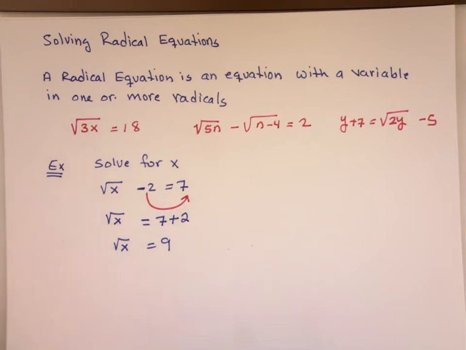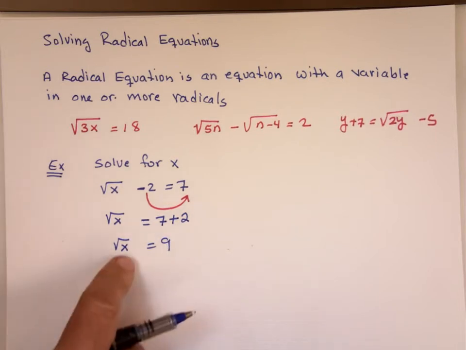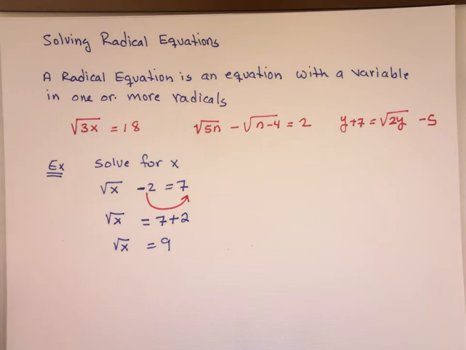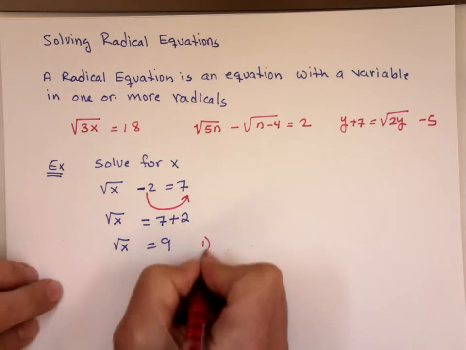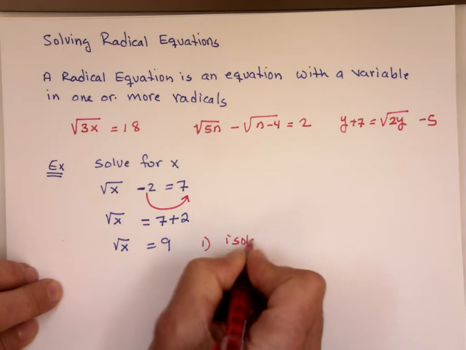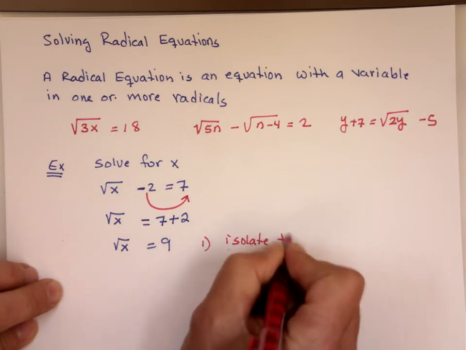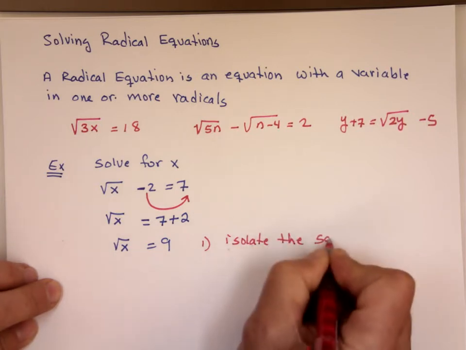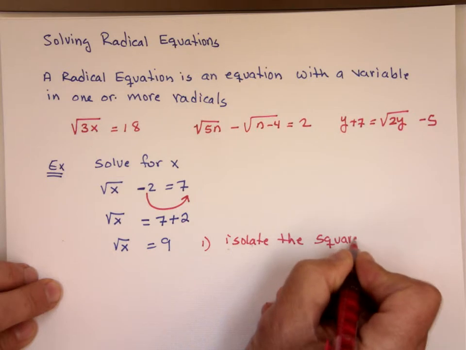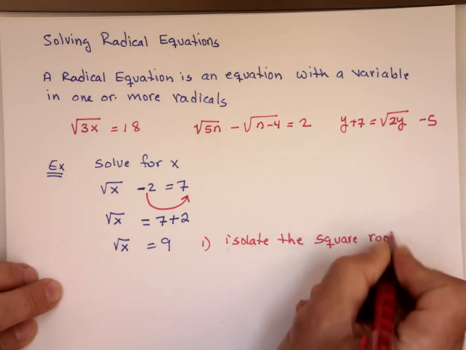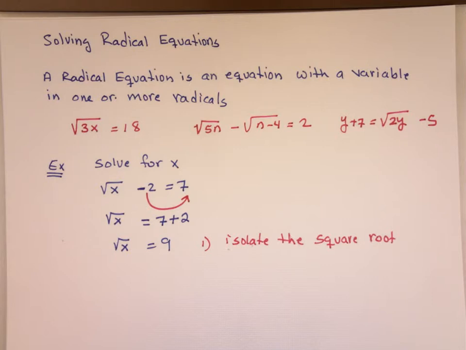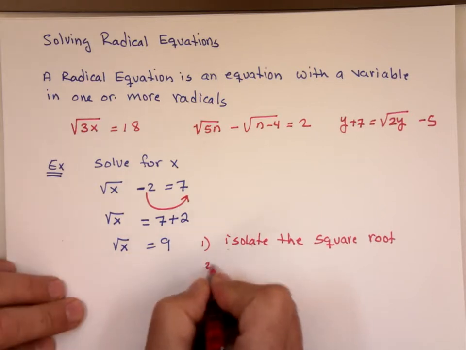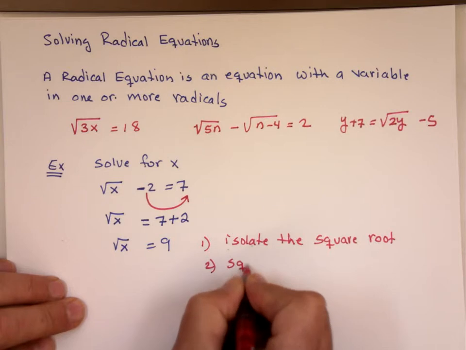So step number 1, isolate the square root. We did that. Step number 2, once you finish isolating the square root, you want to square both sides.